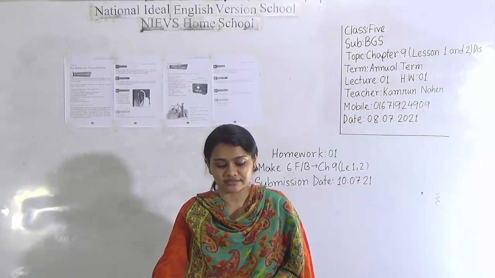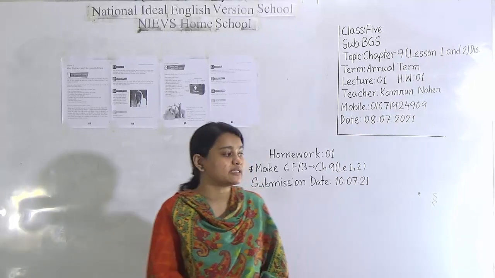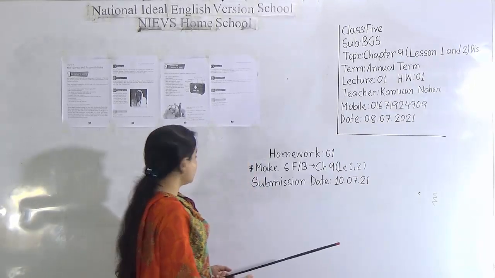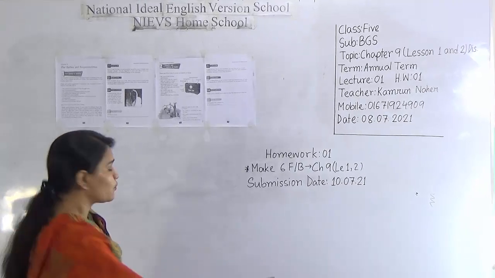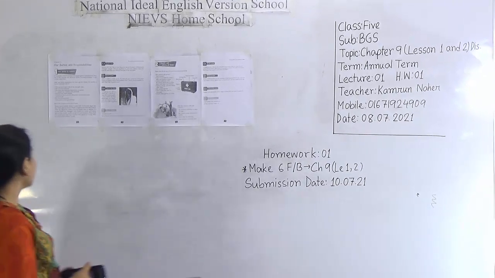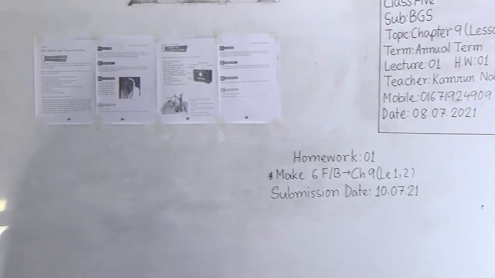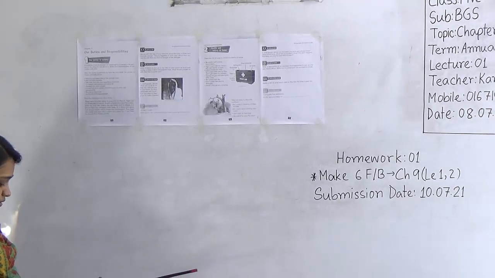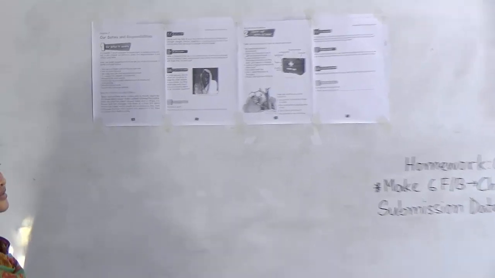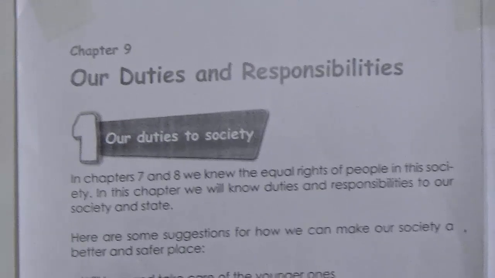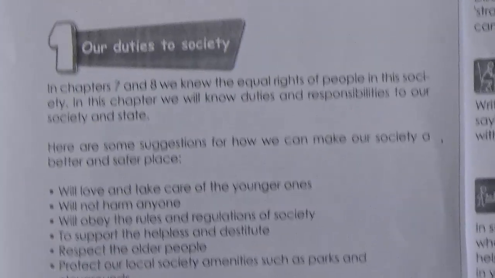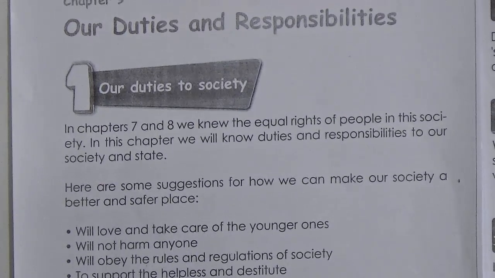Let's start our class. At first we will discuss lesson 1, that means our duties to society. You can ask, what is duty? Duty implies some obligation or moral commitment, which a person is expected to do or perform.